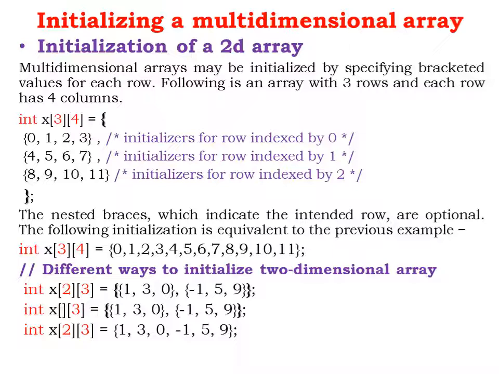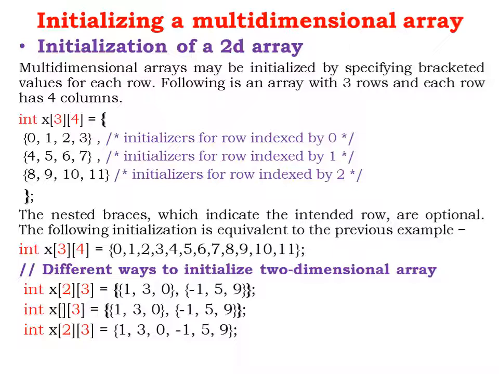So that's what I said. We have the option of using nested braces while initializing the values in a two-dimensional array. So let us also see some of the different ways to initialize two-dimensional arrays.